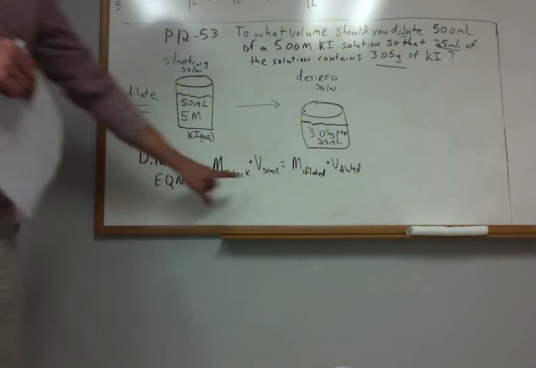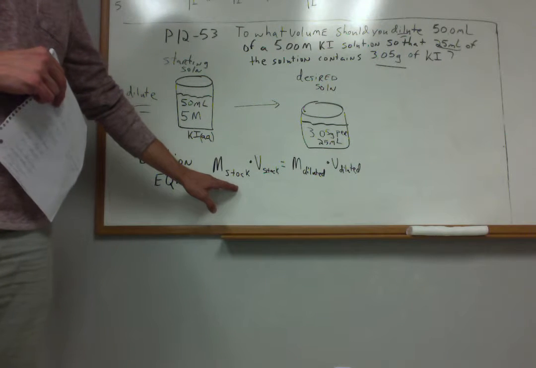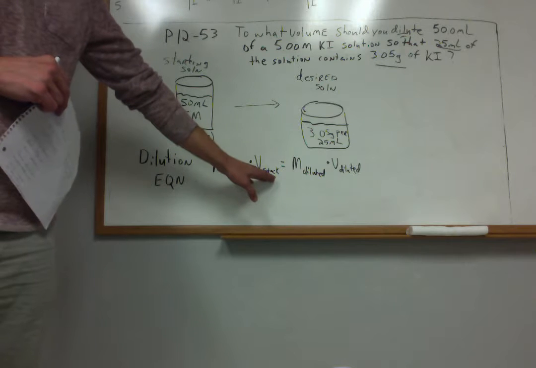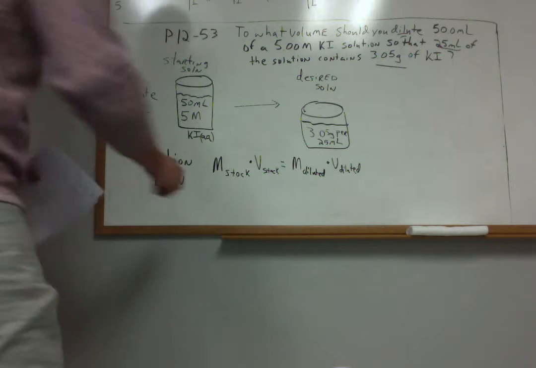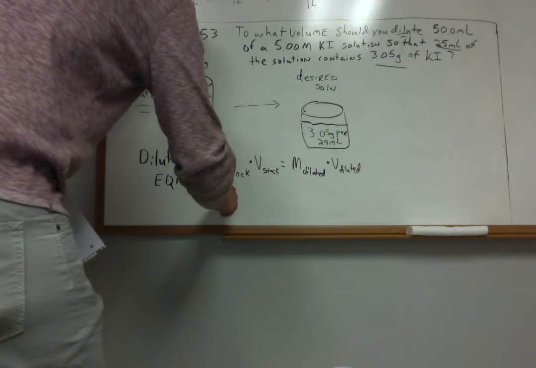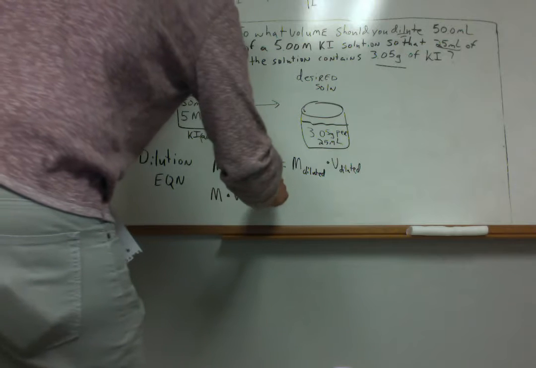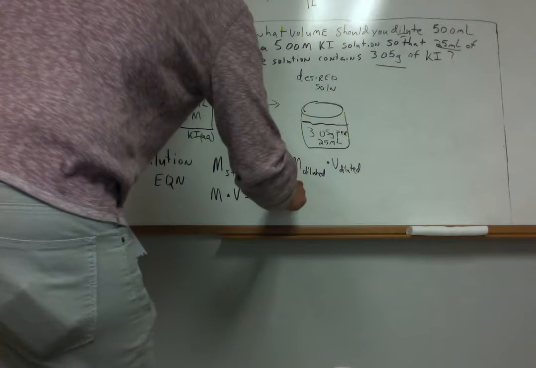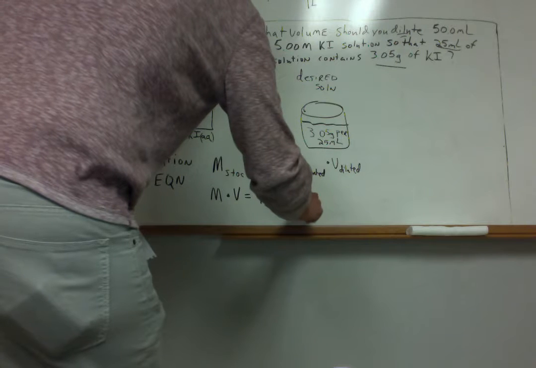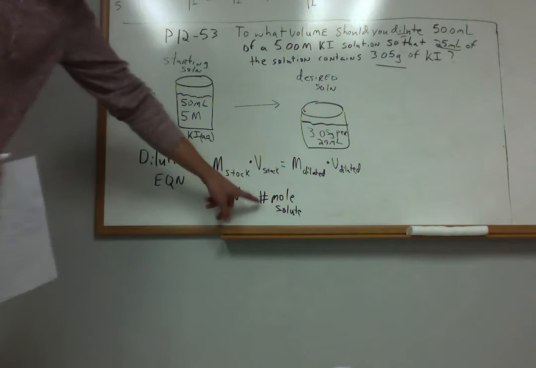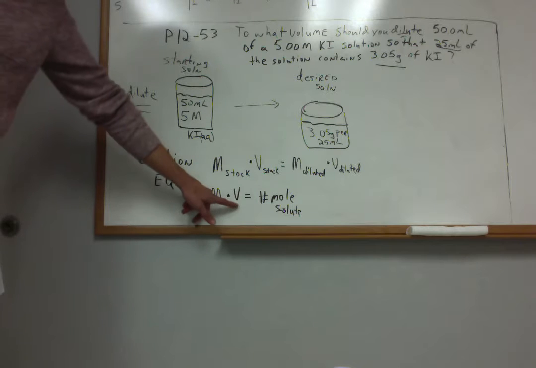But I like to use, whenever I can, molarity, moles per liter, and volume in liters. There's a very important reason for that. Because if you multiply molarity times volume, it's always going to equal the number of moles of solute if molarity is in moles per liter and volume is in liters.